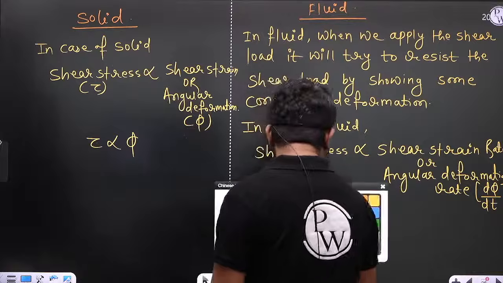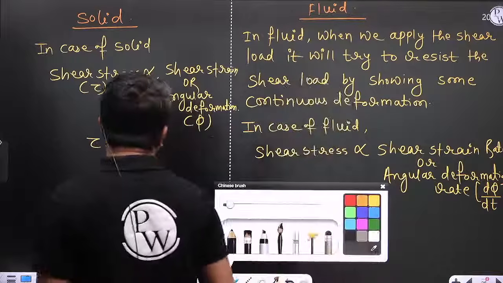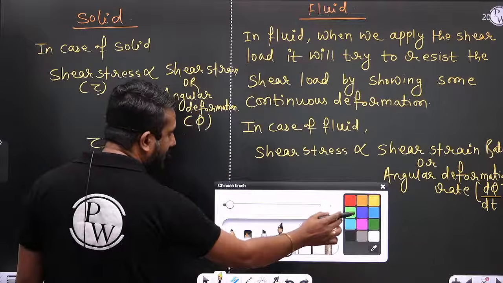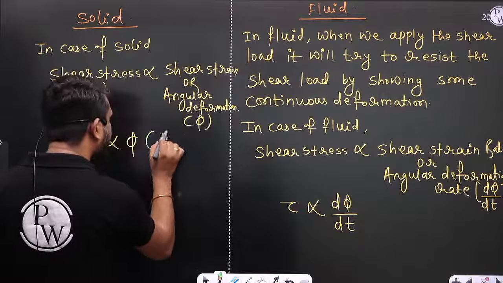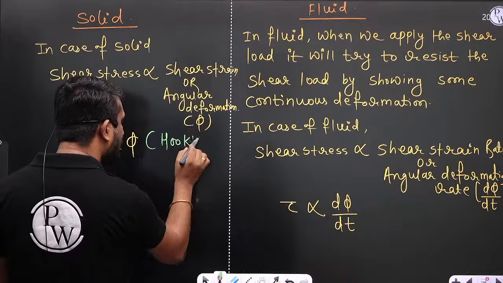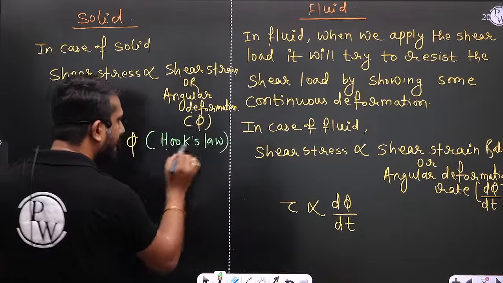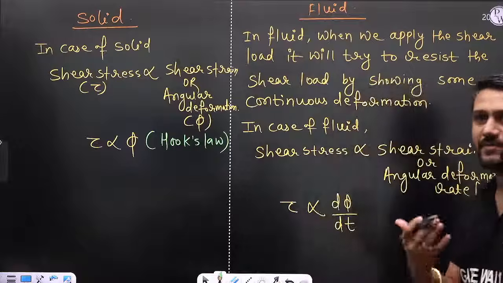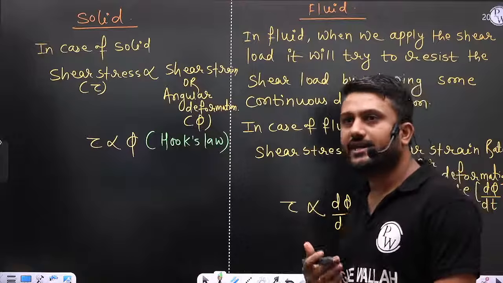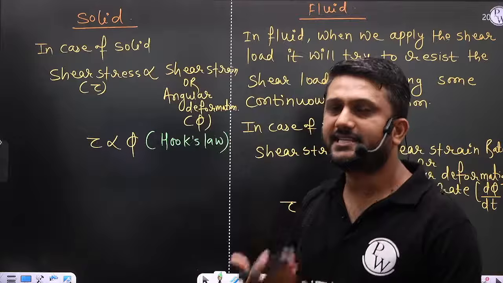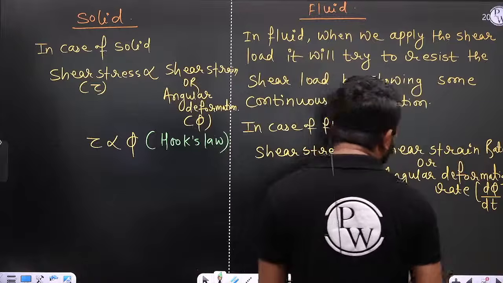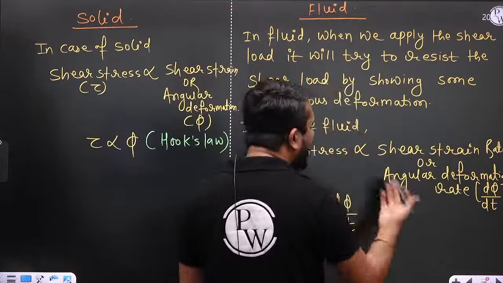So in case of the solid, the shear stress is directly proportional to the shear strain. This is called Hooke's law. And in case of the fluid, the shear stress experienced by the fluid layer is directly proportional to the shear strain rate, or rate of angular deformation.